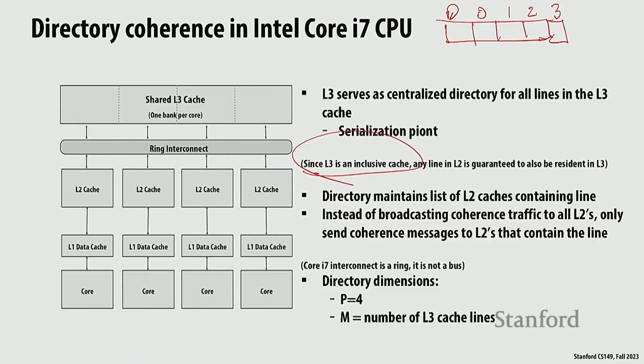So the idea is that if you're in shared state, then multiple bits would be on. This would indicate that a particular cache line is in the cache for processors 0, 1, and 2. And so if a write came in, we would know which processors to send invalidates to.